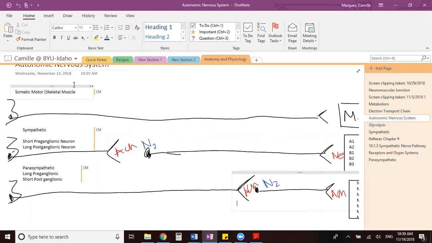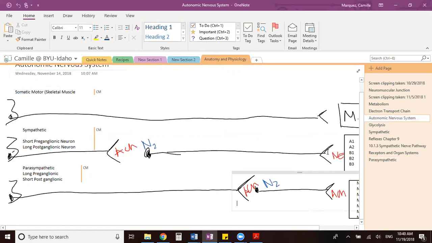Either way, it works. So sympathetic has a pattern of a short preganglionic neuron and a long postganglionic neuron. Between the two neurons, you release acetylcholine from the preganglionic neuron, and then a nicotinic type 2 receptor accepts the acetylcholine, which causes an action potential to go down the postganglionic neuron.